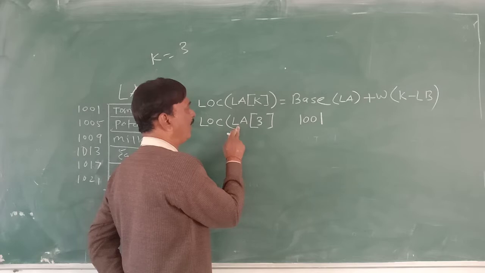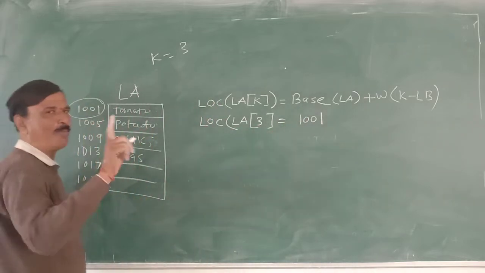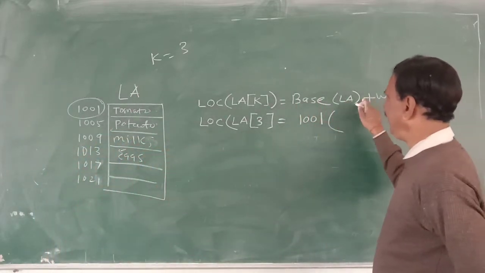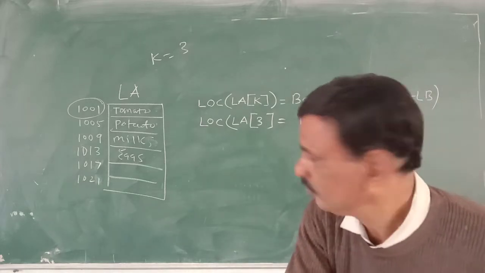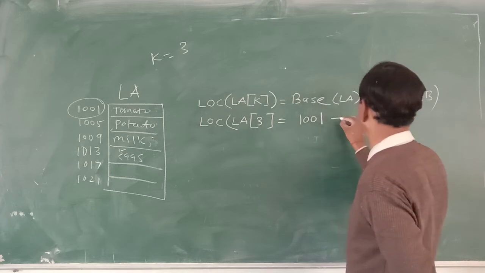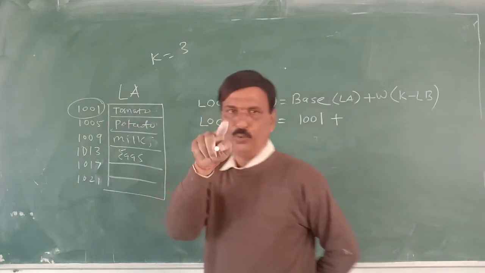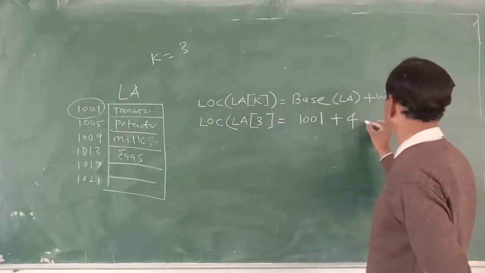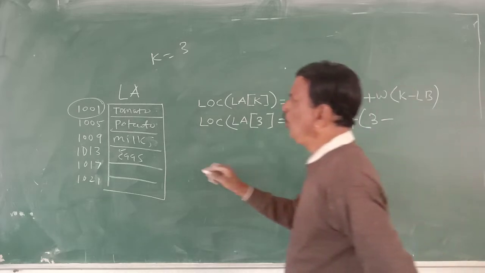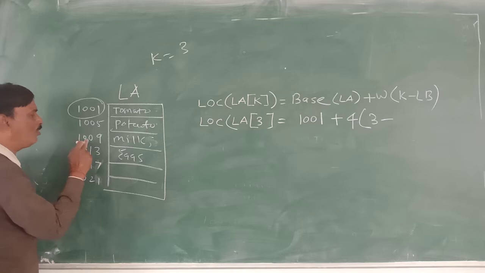Location of LA[3] is equal to base, and we remember the address of the first element, base of LA, that is 1001, plus W, the width, which is 4, into K, that is 3, minus the lower bound. Now you see 1001, 1005, 1009.